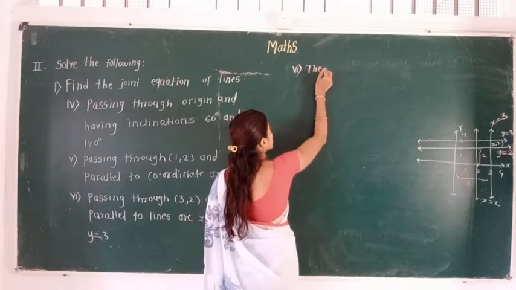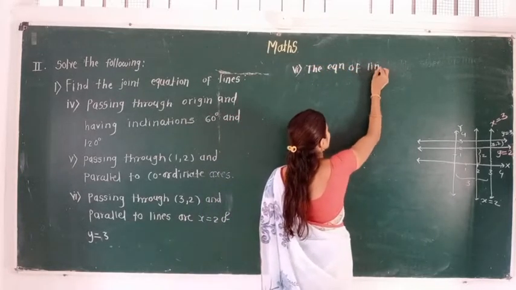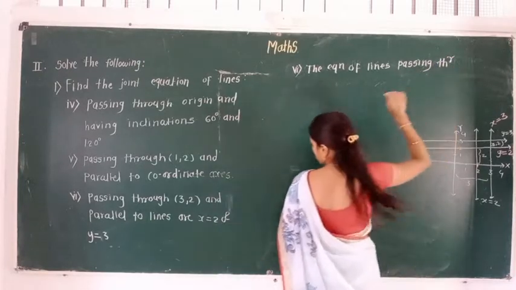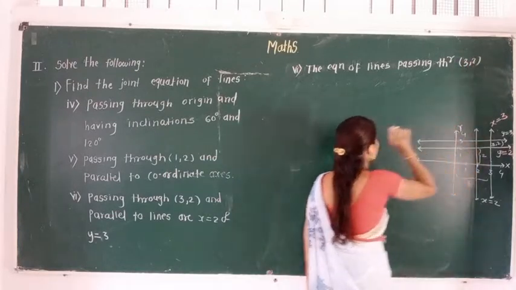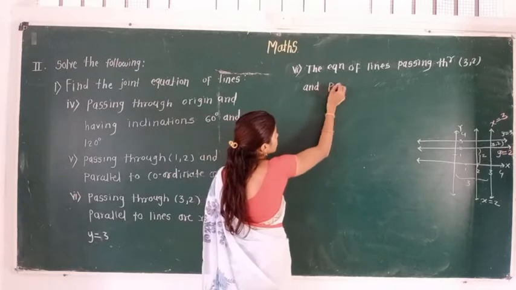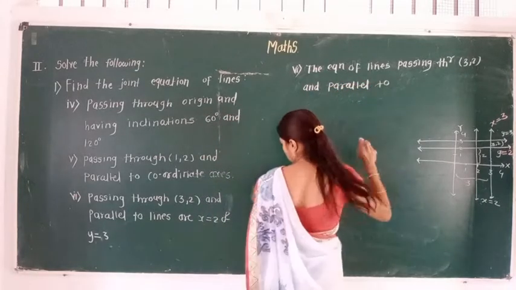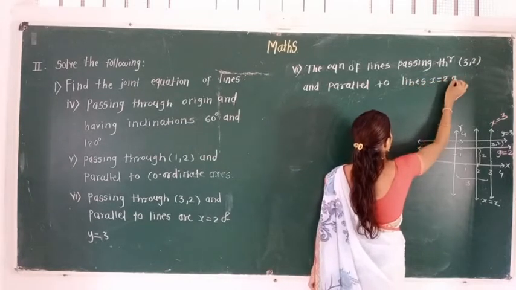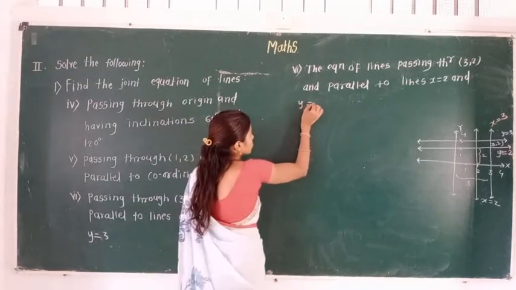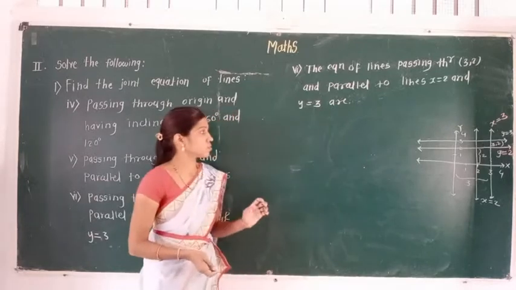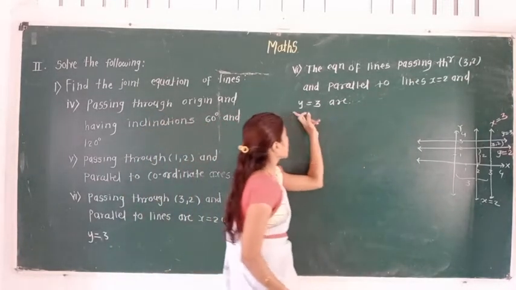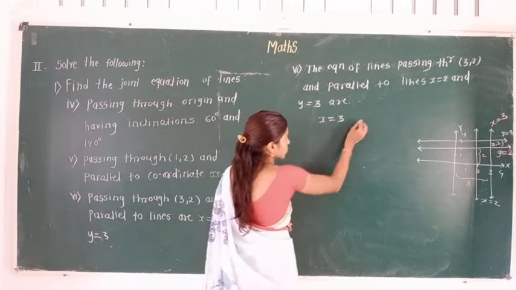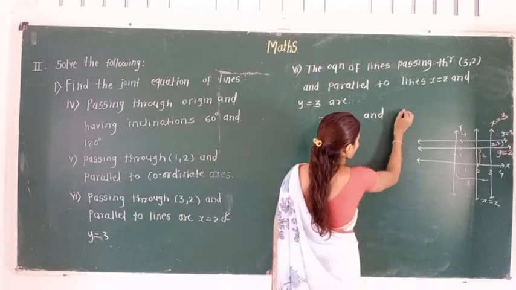So the given information is the equation of lines passing through the point (3, 2) and parallel to the lines x is equal to 2 and y is equal to 3. So the given lines are x is equal to 2 and y is equal to 3, and the required lines are x is equal to 3 and y is equal to 2.